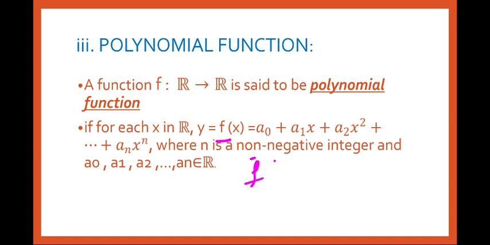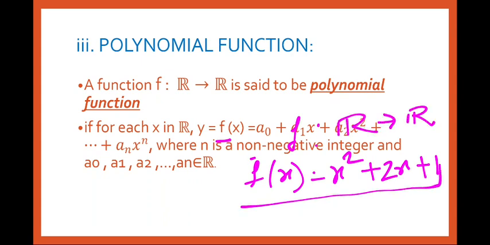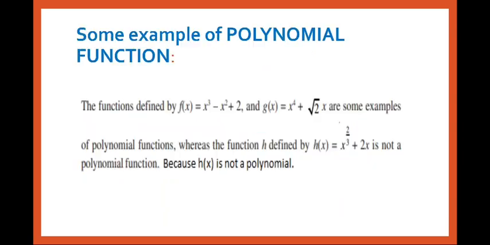Suppose you are considering f(x) is equal to x square plus 2x plus 1, where f is from real number set to real number set. This is considered a polynomial function, because if you look at the right hand side, x square plus 2x plus 1 is a polynomial of degree 2.